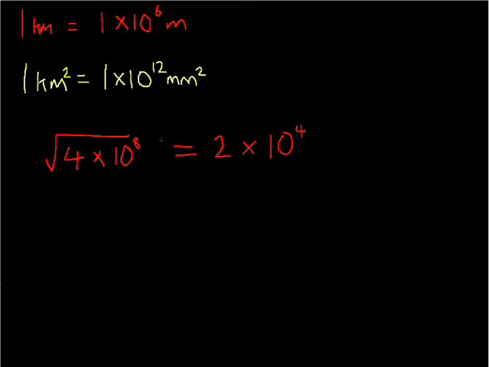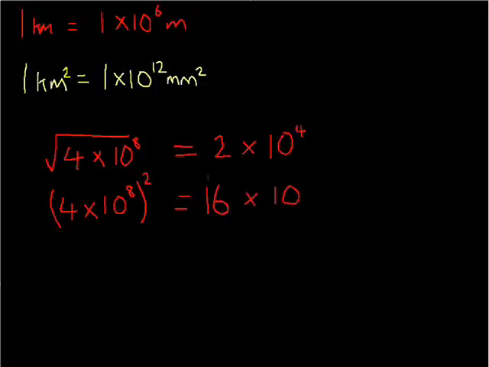So if we have 4 times 10 to the 8 squared, we square the 4, that's 16, and then we square the power of 10, times 10 to the 16. So when we're square rooting, we divide the power by 2. When we're squaring, we times the power by 2. And it's exactly the same as what we've been doing in these questions.